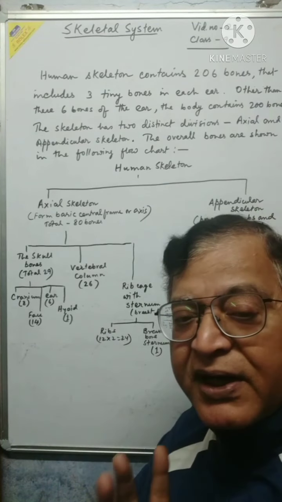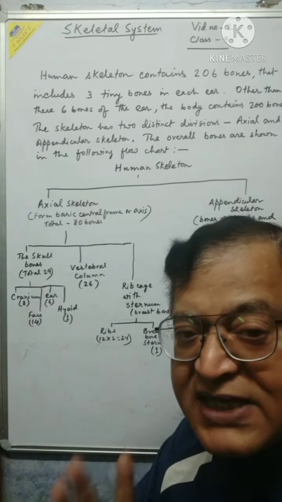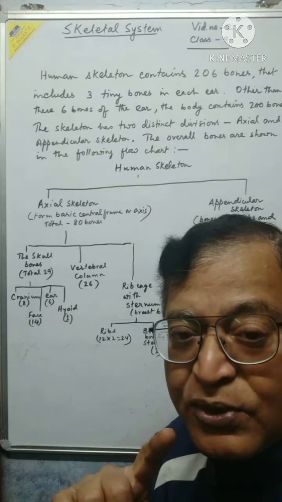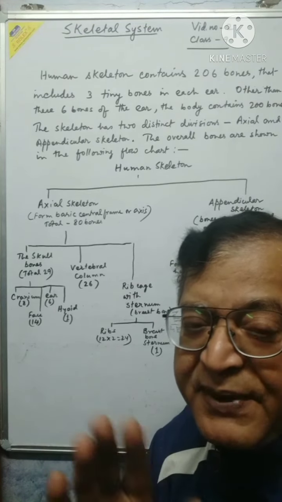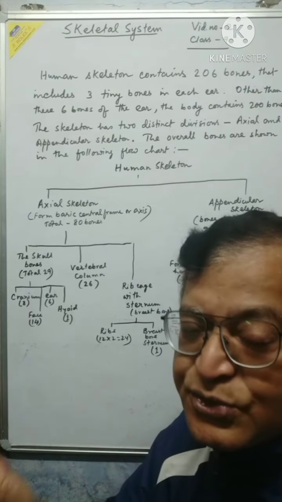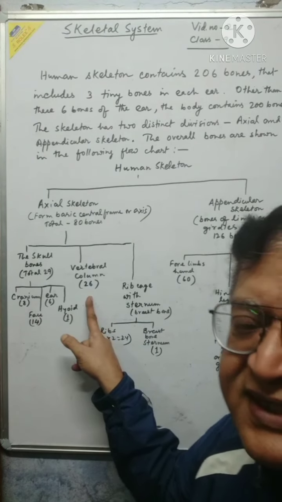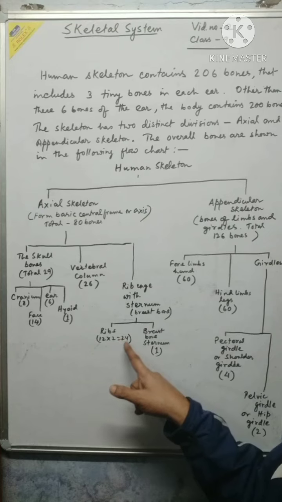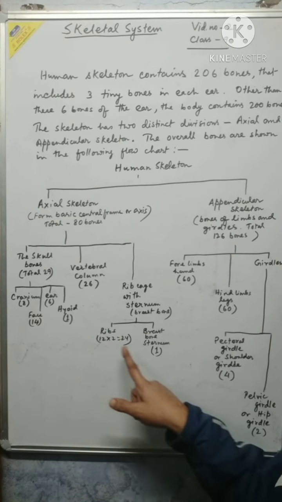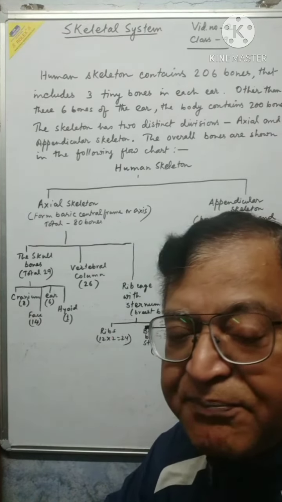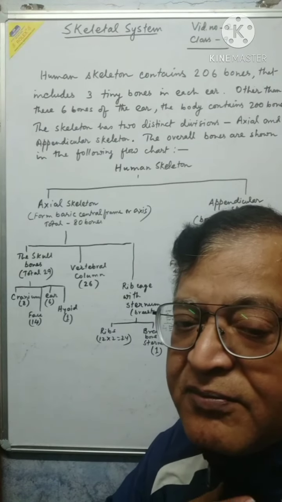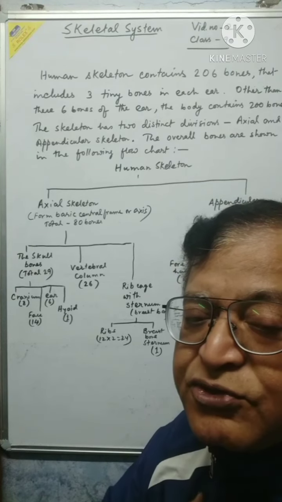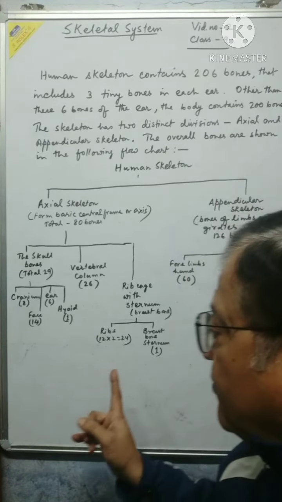Actually, the number of vertebrae is 33. But the last 9 vertebrae form 2 separate bones in separate groups. So 24 plus 2, 26. This is actually the calculation. And the rib cage has a total of 25 bones. Ribs are 12 pairs, starting from the region of the collarbone. 12 pairs, 12 twos are 24 bones.